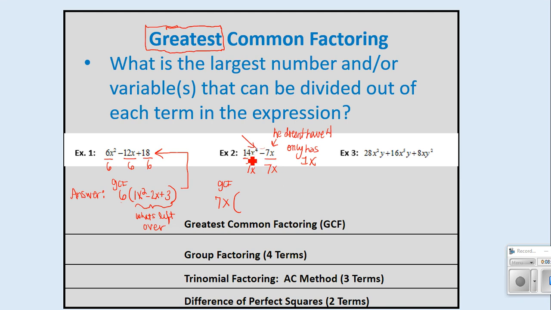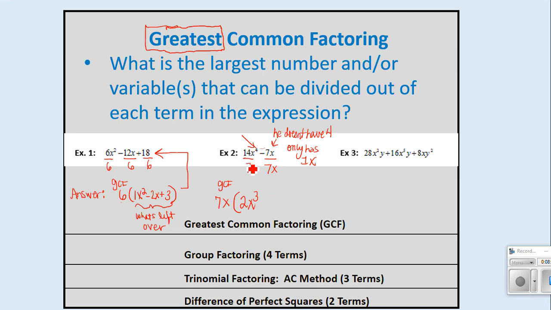Now divide each one of these by 7x. 14 divided by 7 is 2. X to the 4th divided by x, that's x to the 3rd, because he had 4 and you're taking 1 away from him. Now, you can think about that in terms of x's, but please don't think about that in terms of numbers.